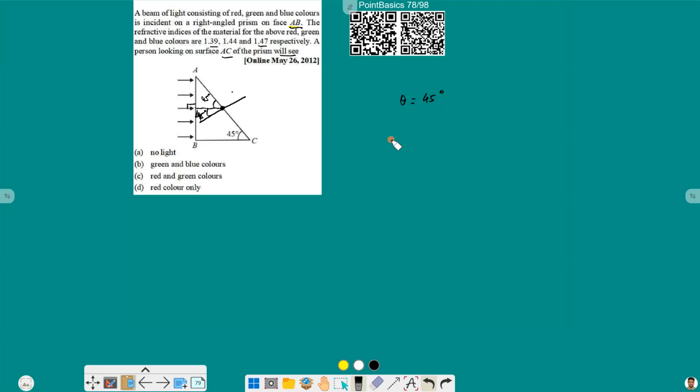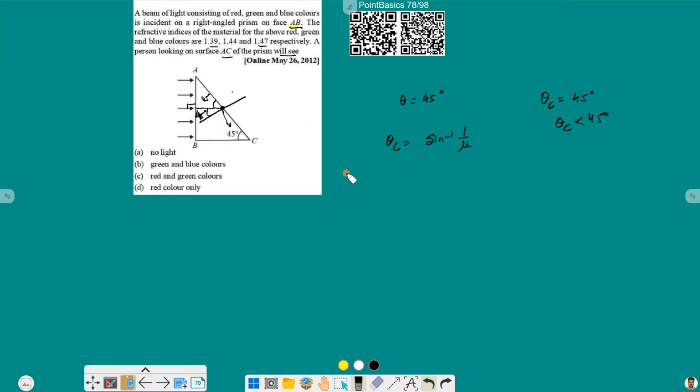Now we know that for a critical angle, theta c is equal to sine inverse 1 by mu. Now we have three values of refractive index here. So what we will do, we will assume that for any of these lights, if theta c is equal to 45 degrees or theta c is less than 45 degrees, then that light will be totally internally reflected.